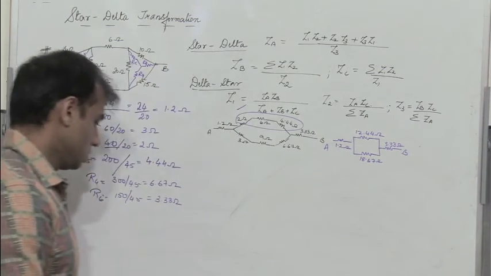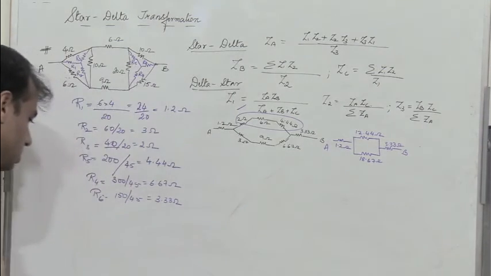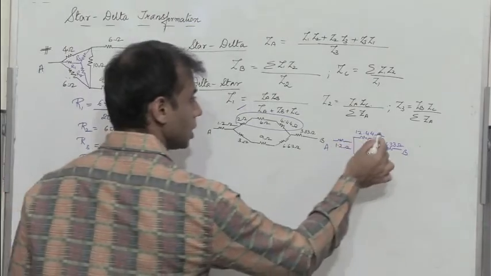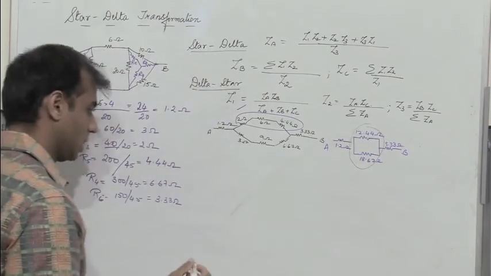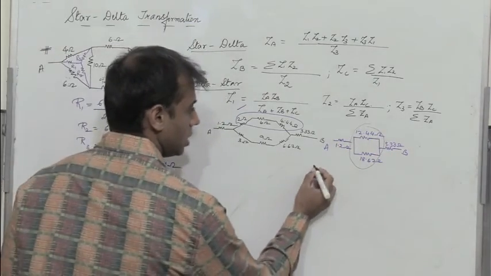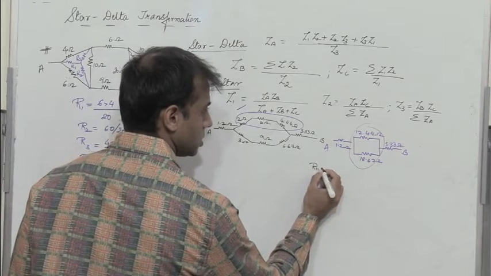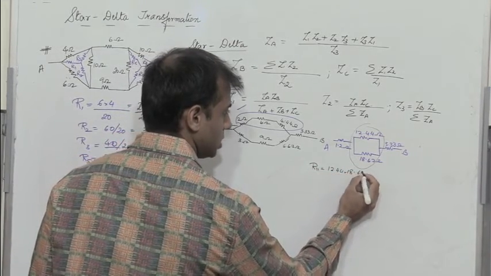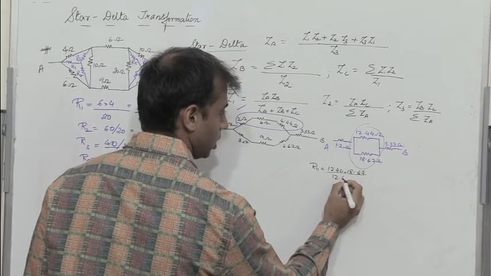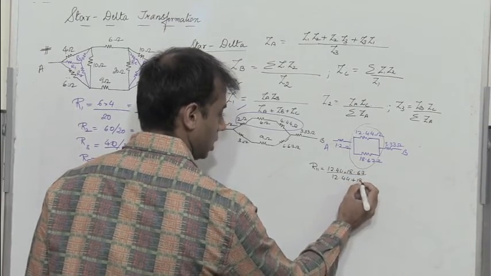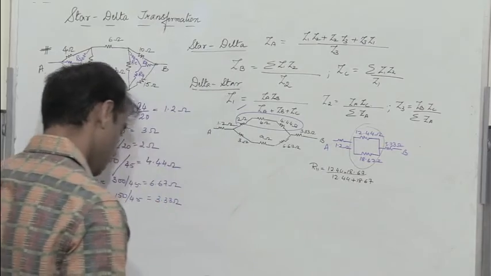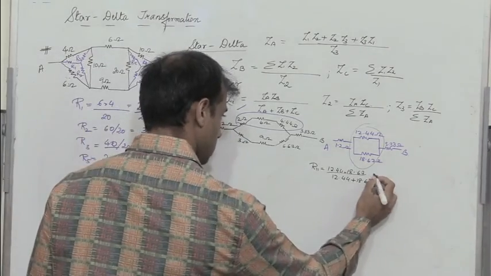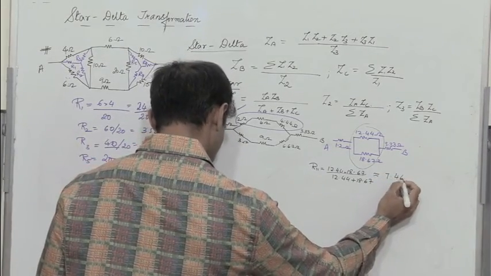Now let us find the equivalent resistance. These two resistors are in parallel. The parallel resistance is 12.44 into 18.67 divided by 12.44 plus 18.67, which approximately gives me 7.465.